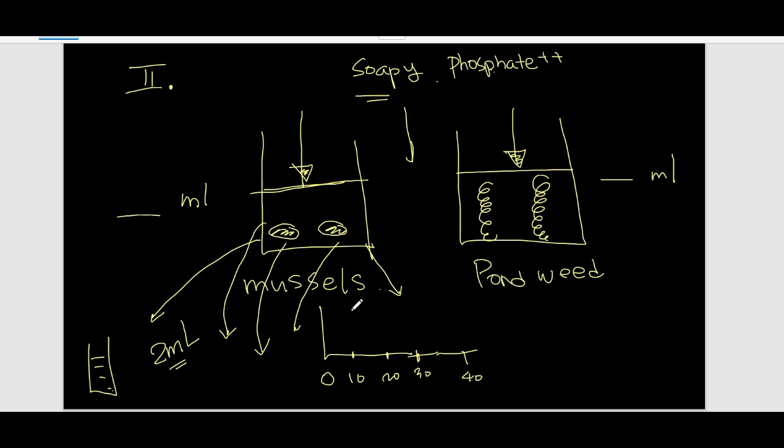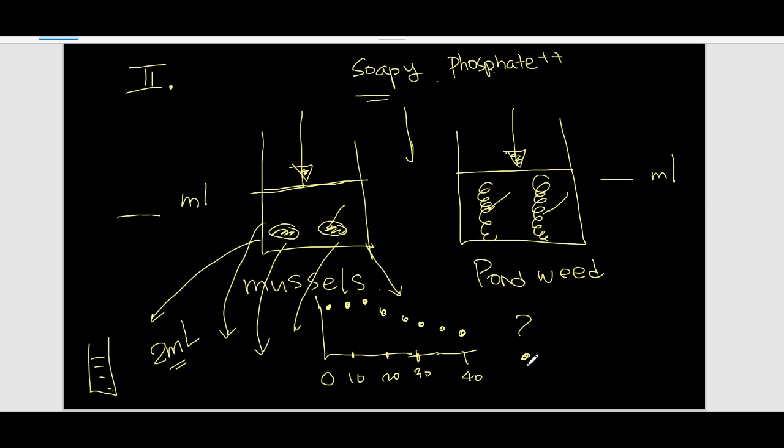And then, I don't know, maybe in the beginning there may be this amount of phosphate, and maybe mussels may take it up. They can take it into their cells. Pondweed can also take it into their cells. So we don't know, maybe the phosphate level will stay the same or maybe it will start to go down. We don't know what's going to happen, but we will find that out.